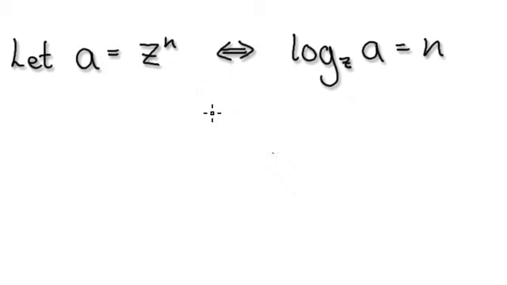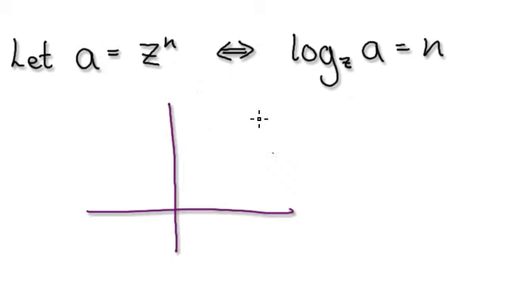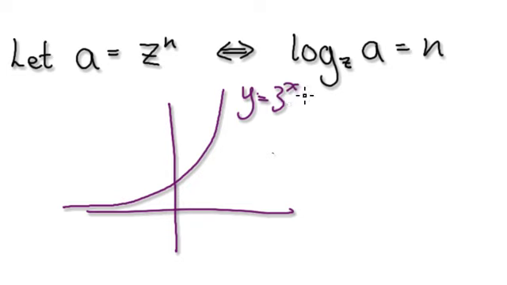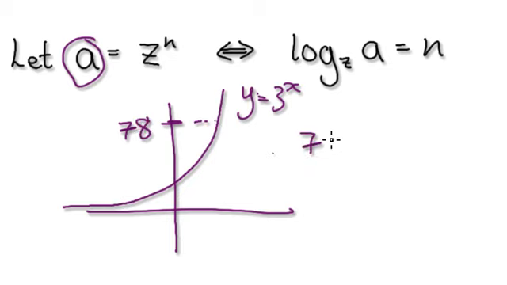If you look at y equals 3 to the power of x, and you give me any number, let's just say 78, then it's possible to write 78 as 3 to the power of something, because this something here does exist.